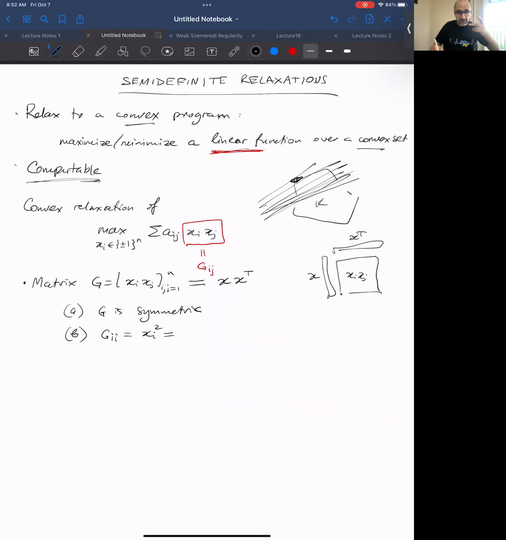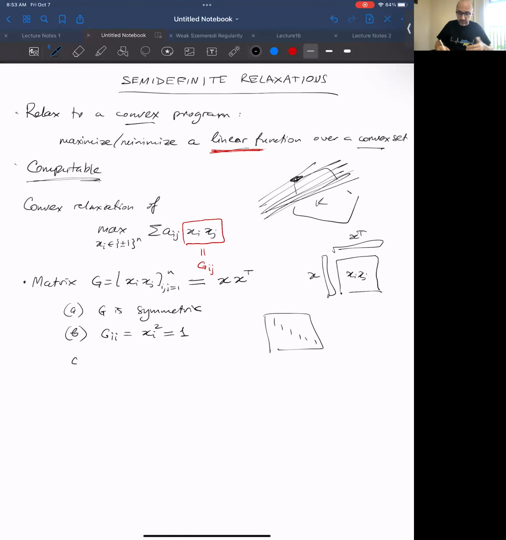And remember, xi is plus or minus 1, so the square kills the sign, so this is 1. So the diagonal is full of ones. Symmetric matrix, 1 on the diagonal. And by the way, both of which we could enforce, right? We can maximize over matrices with ones on the diagonal. That's fine. It's just a linear constraint. We can enforce the symmetry constraint. It's just a linear constraint, so that's fine. We can throw that in as we maximize.